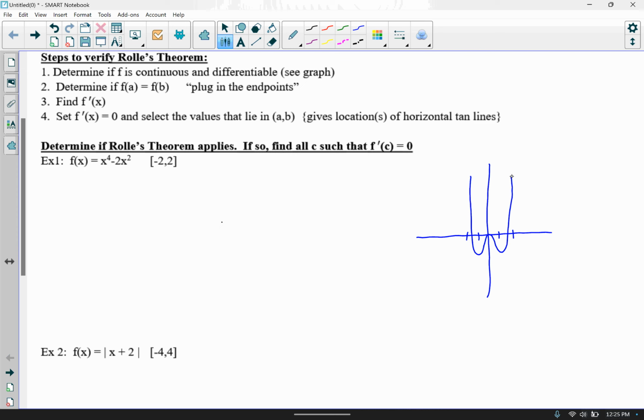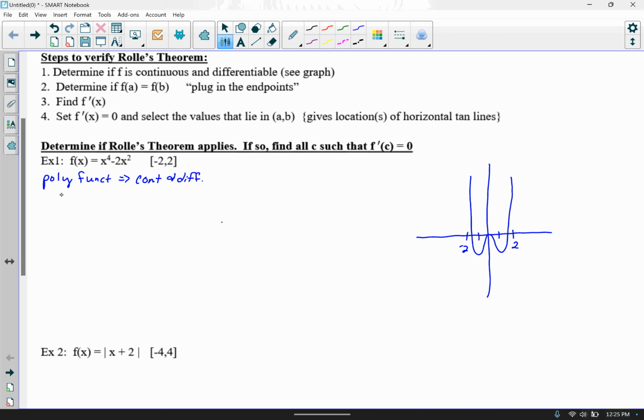Rough sketch at the moment, and I'm just focusing on from -2 to +2. So we can tell that this graph is, and I'll just write here, a polynomial function. So we know that it is continuous and differentiable. So we're good to go with stipulation 1.